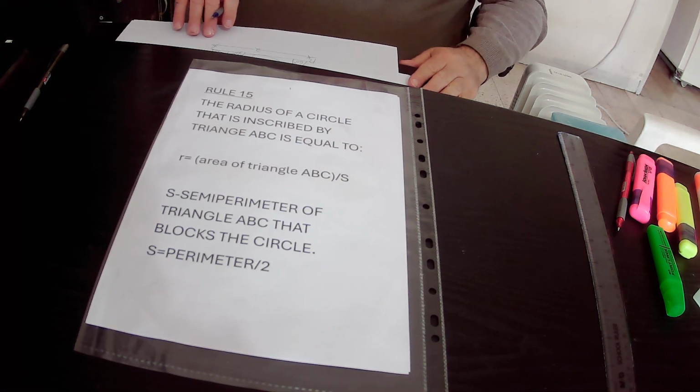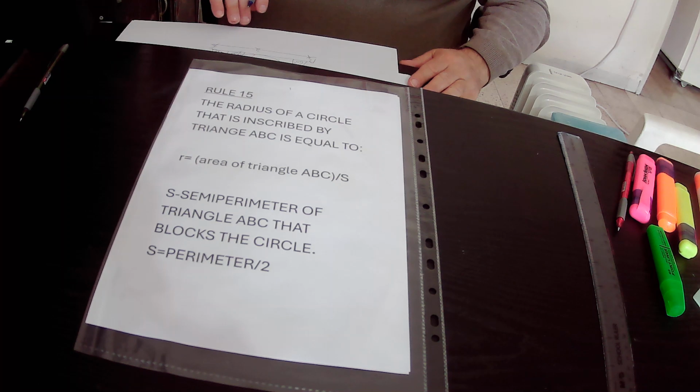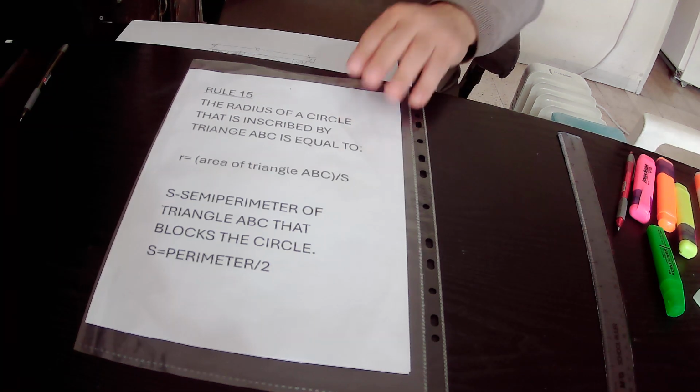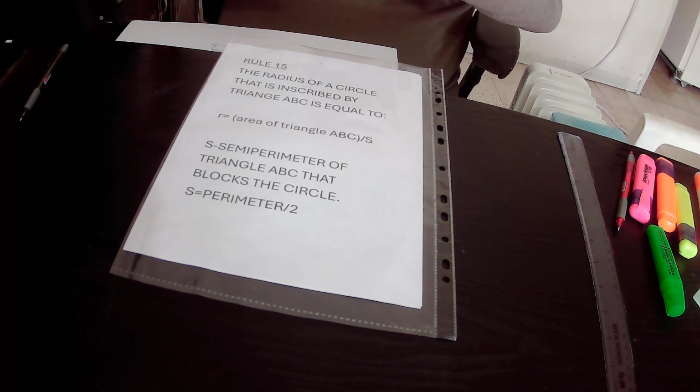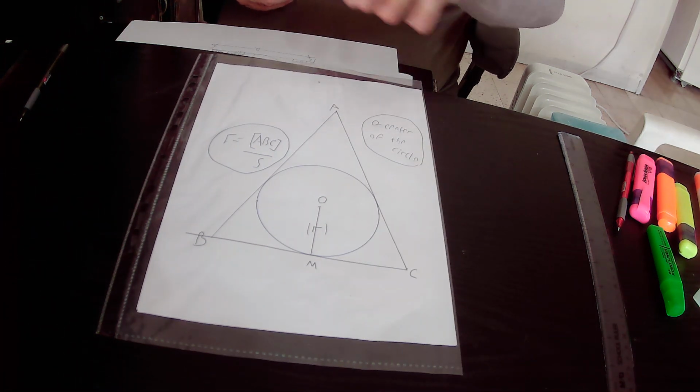According to rule number 15, the radius of a circle that is inscribed by triangle ABC, the radius R, equals the area of triangle ABC over S. S is the semi-perimeter of the same triangle ABC. And the semi-perimeter of any triangle is the perimeter over 2. So the drawing of rule number 15, this is the drawing.